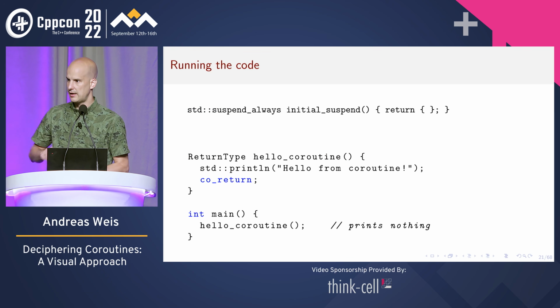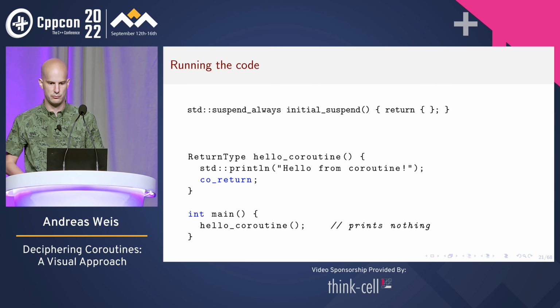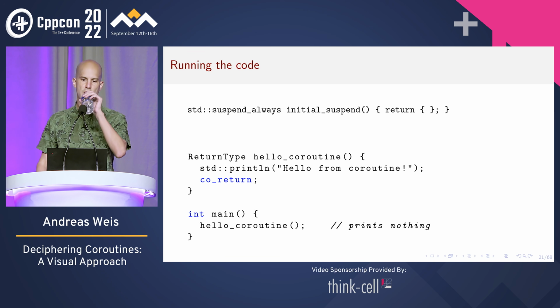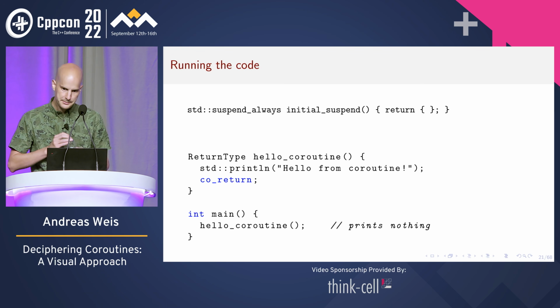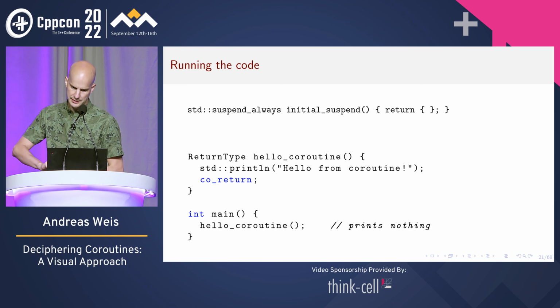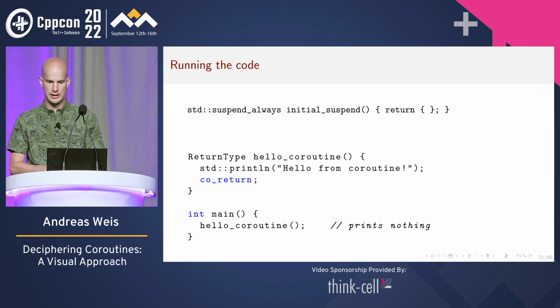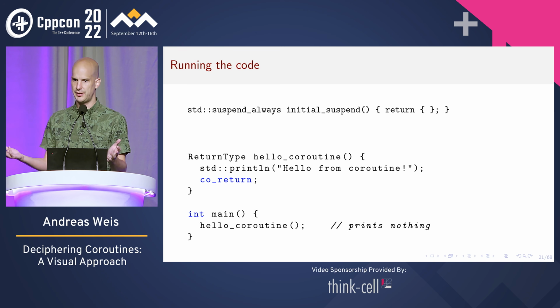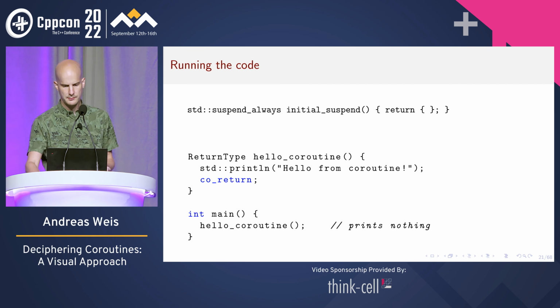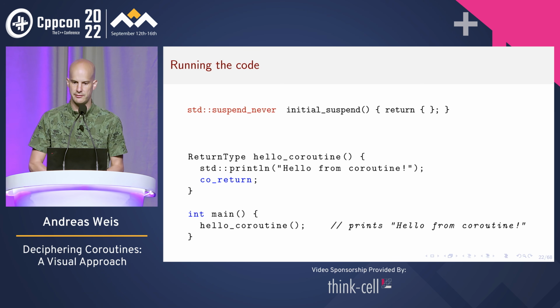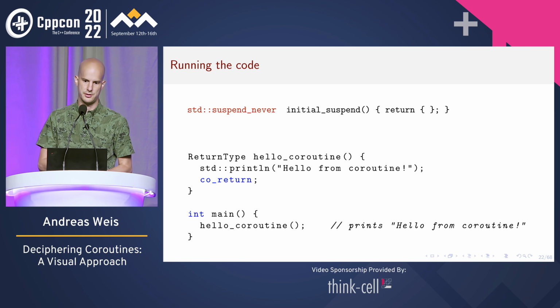So now actually we are at the point where the coroutine compiles, and we can run this simple example here. And we can already see the suspension in action, because if I just call hello coroutine here, it will not print anything. But if I change the initial_suspend function to return suspend_never instead of suspend_always, then all of a sudden I see the output on the console.